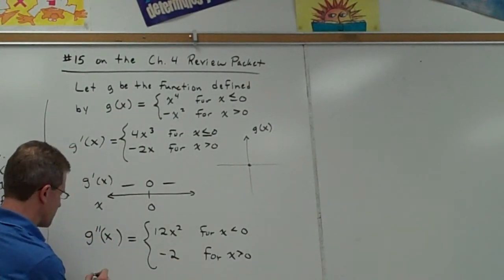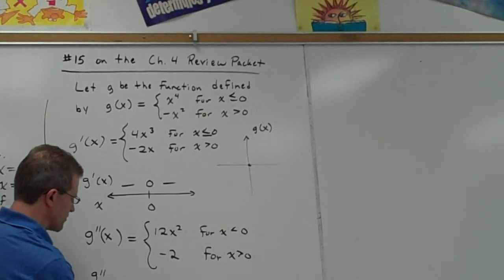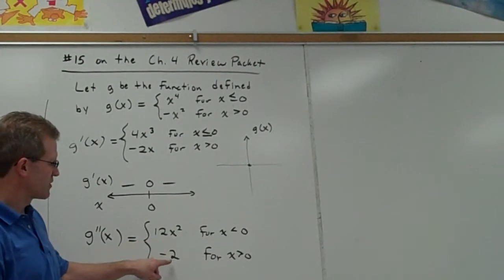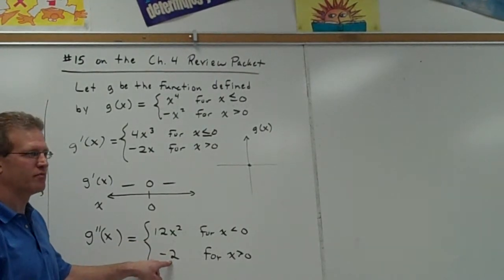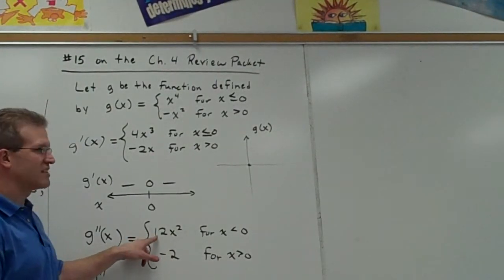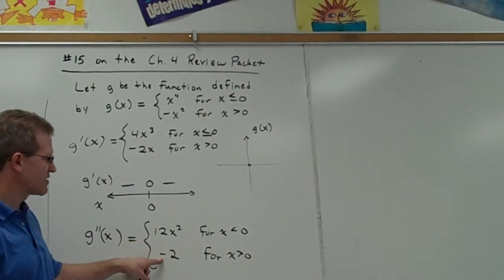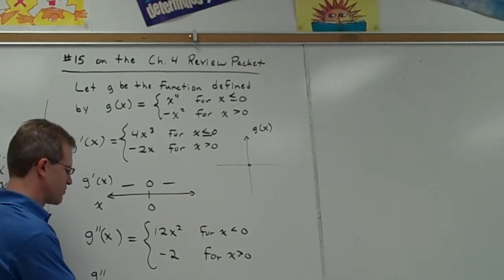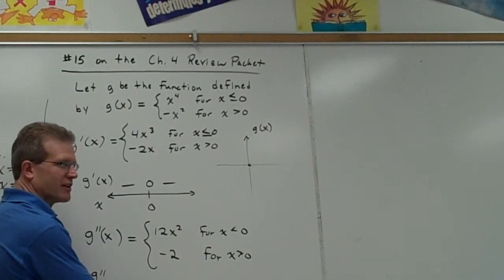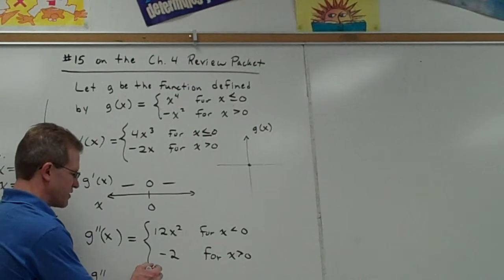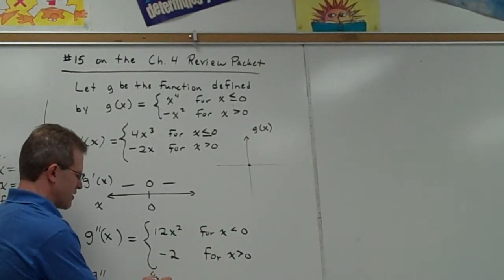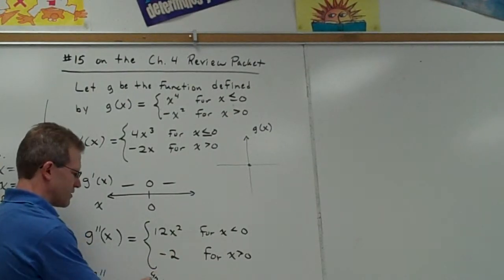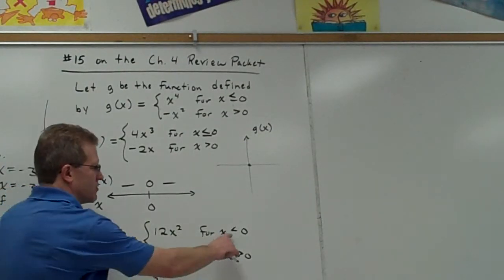Make another number line chart for the second derivative. If you plug 0 into the top expression, you get 0. Plug 0 into the bottom expression, it's just negative 2. So the left-hand second derivative and the right-hand second derivative at 0 give you two different answers. So what could I say about the second derivative at 0? It's undefined, yeah. If the left-hand and right-hand second derivatives are different, then there is no second derivative at 0, so there would be no equal bar here.